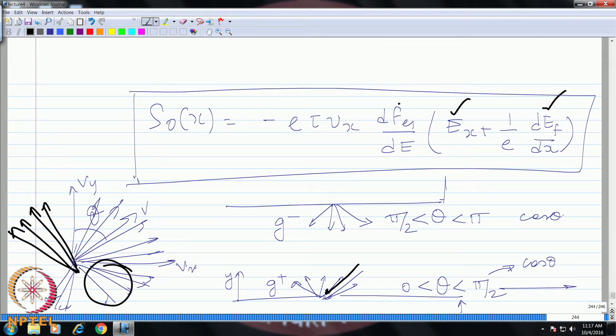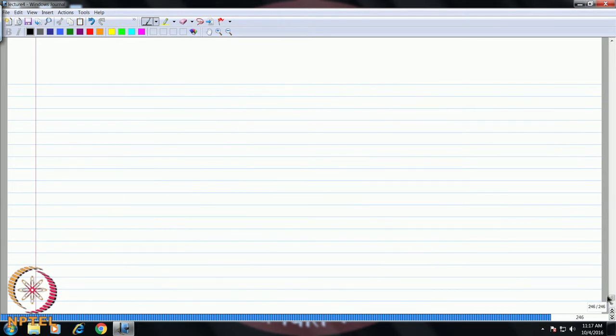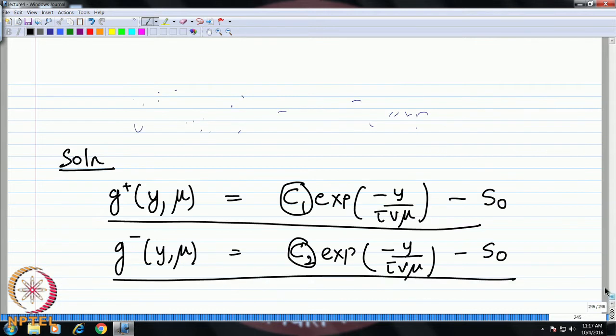So, there are two extreme cases of scattering. One is called diffuse scattering. In this case, you can imagine this boundary to be quite rough.